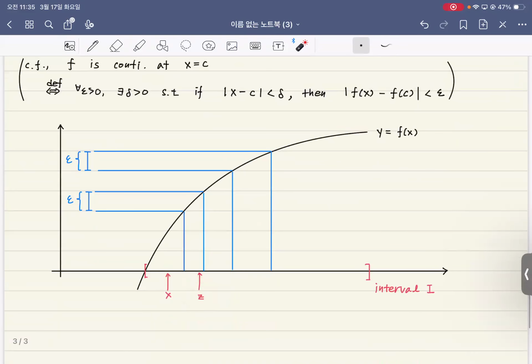In this case, if you set the length of this line segment to be your delta, then these two points are less than delta apart, but the difference between their function values is clearly greater than epsilon, right? So for this epsilon, my choice of delta would be much smaller than this one. It looks like the length of my delta would be even smaller than the length of this line segment.